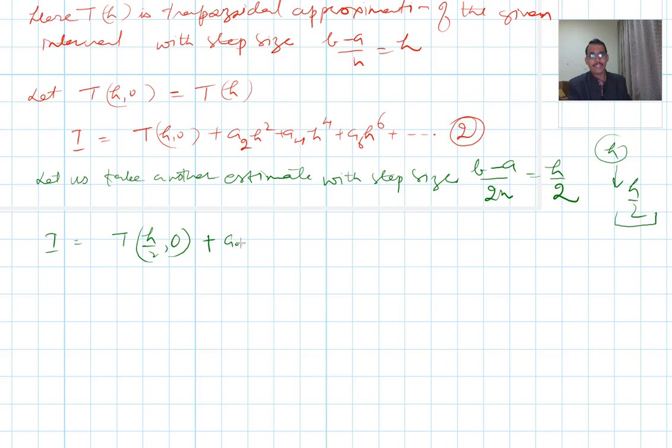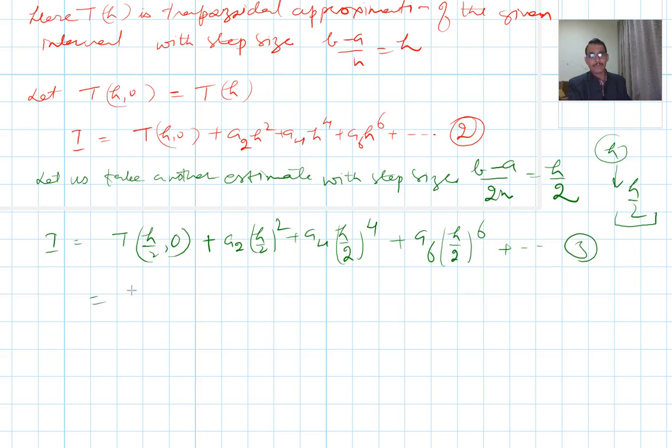So the error will be a2 (h by 2) square plus a4 (h by 2) whole 4 plus a6 (h by 2) whole 6 and so on. That's what we are getting, and let us call it equation number 3.